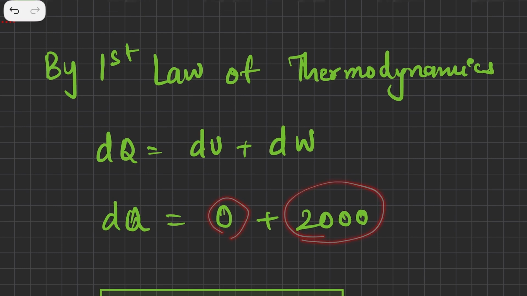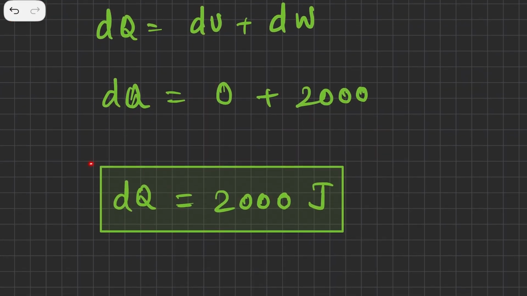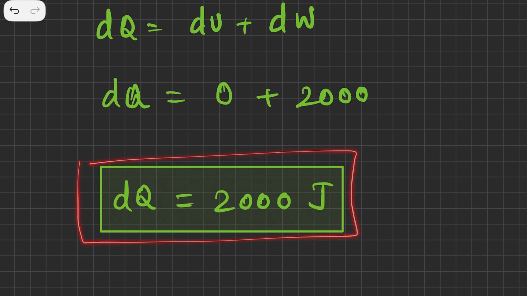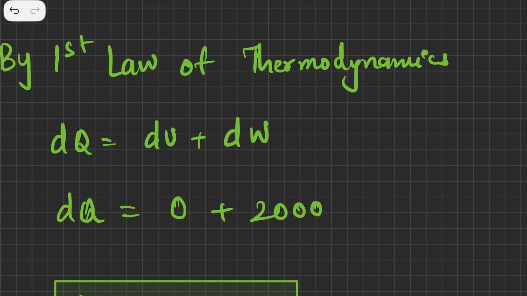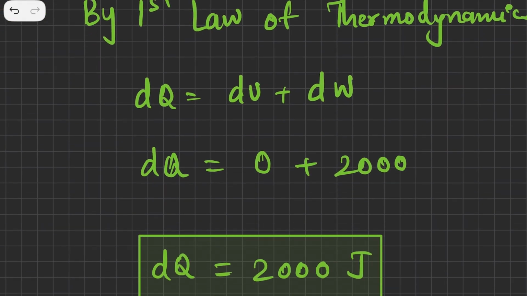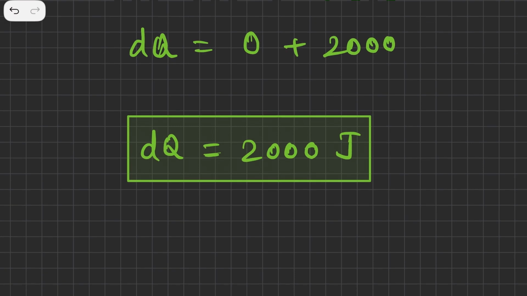So what remains is 2000. So dQ becomes 2000 joules. So 2000 joules of energy must have been added to the system in order to gain the work done of 2000 joules. So 2000 heat is supplied and 2000 amount of work is also done. So that's it. There is not much more to this.